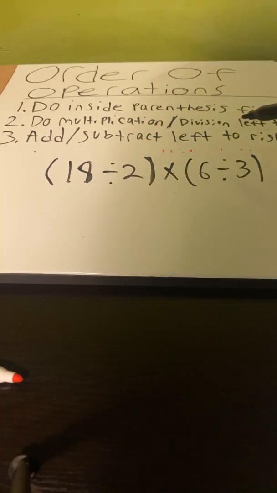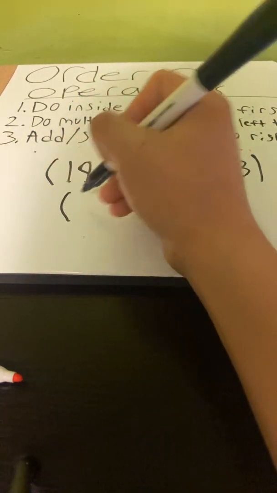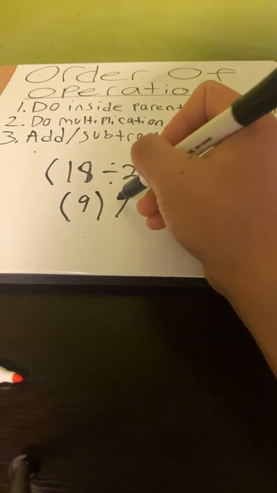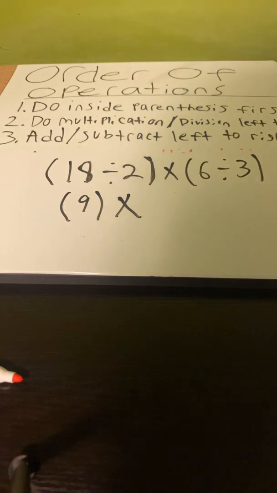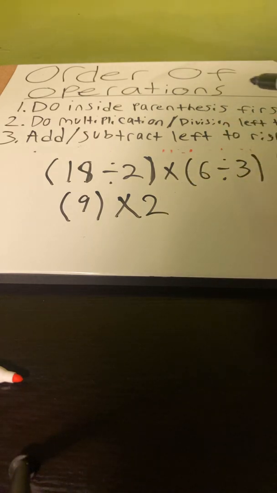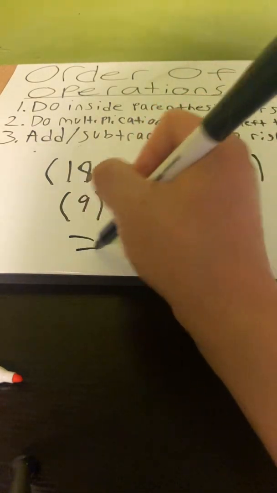So you want to start with doing left to right again. You want to do 18 divided by 2, which should give you 9. Bring down your x. 6 divided by 3, which equals 2. And then all that's left to do is multiply. 9 times 2, which equals 18.